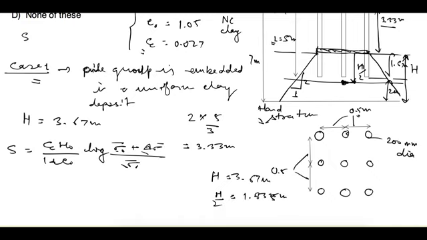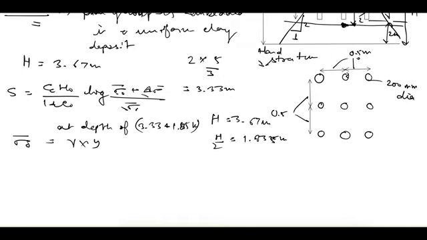So from the surface we find sigma naught at a depth of 3.33 plus 1.835 meters. So sigma naught is equal to unit weight times depth, that is gamma into, let's say the depth is y, and this y is equal to 3.33 plus 1.835, which is equal to 5.165 meters.